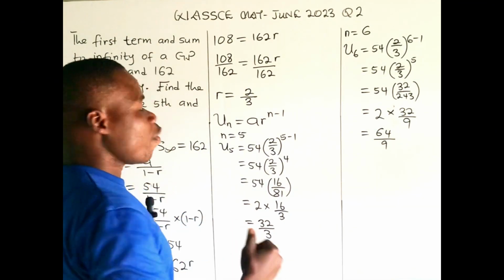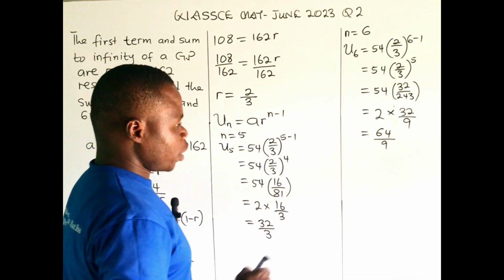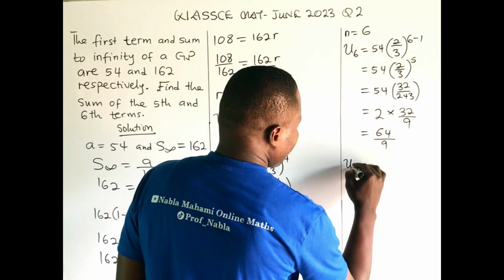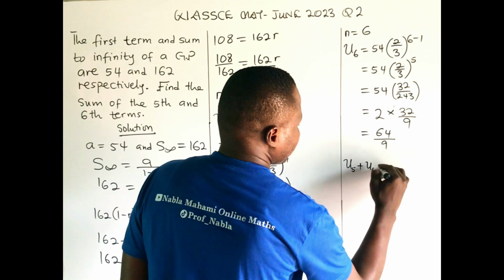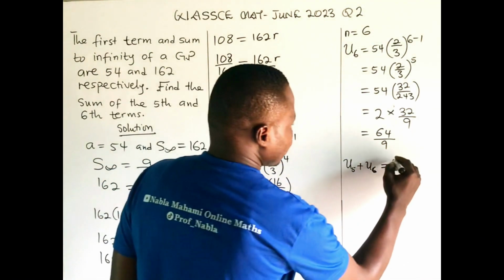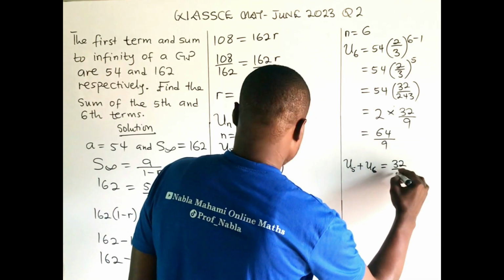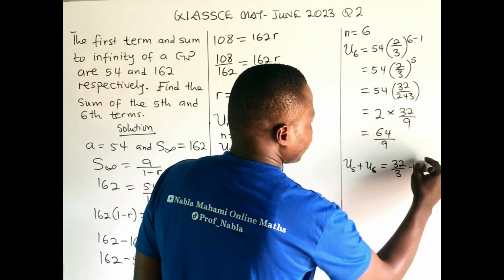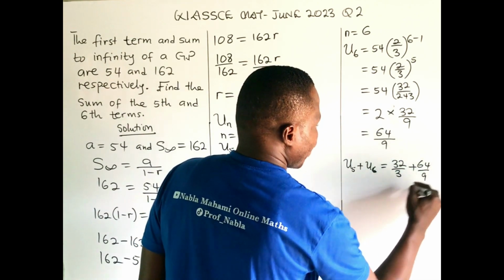To now find the sum of the sixth and fifth terms, I will say that u5 plus u6 will be equal to u5, which is 32 over 3, plus u6, which is 64 over 9.